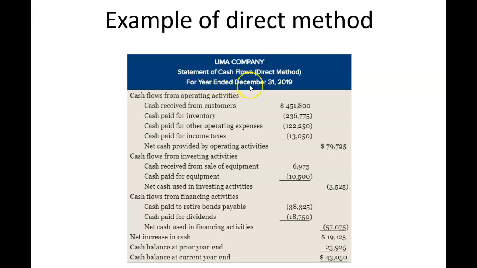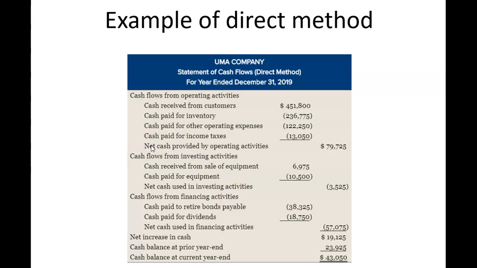It is for a period of time, and for UMA here it is for the year ended December 31st, 2019. Notice the three sections: statement of cash flows from operating activities, statement of cash flows from investing activities, statement of cash flows from financing activities.